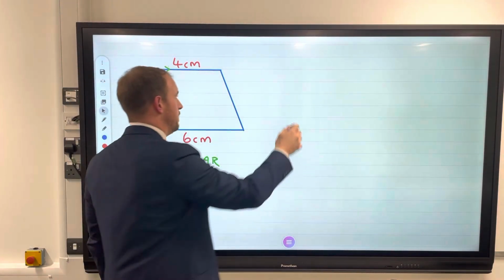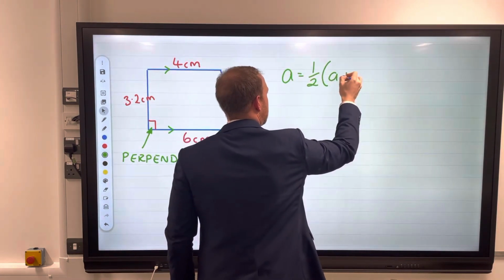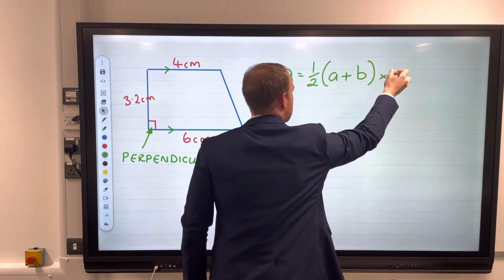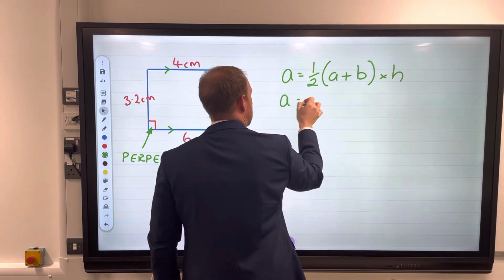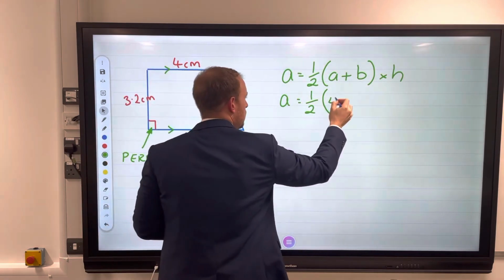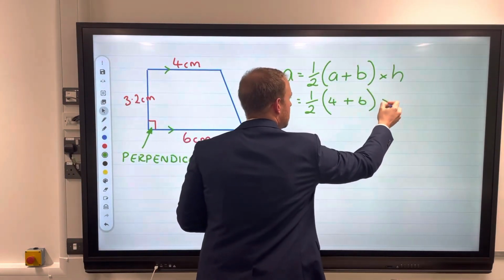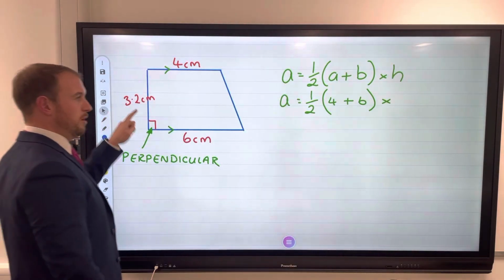So, formula, area equals half of A add B times the height. Half of A is 4, B is 6, times by our perpendicular height, which is 3.2.